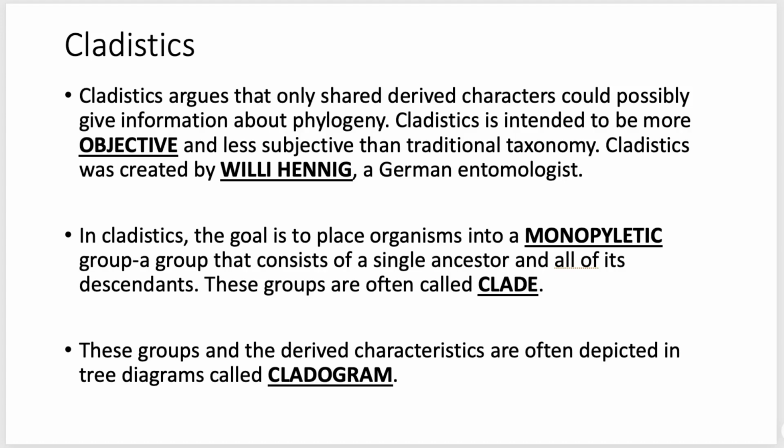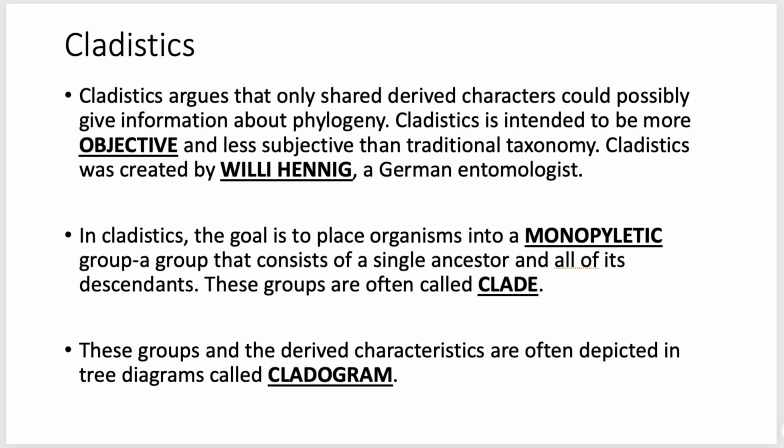So cladistics argues that only shared derived characters could possibly give information about phylogeny. Cladistics is intended to be more objective and less subjective than traditional taxonomy, and cladistics was created by Wilhelm Hennig, who was a German entomologist. And entomology is actually a very difficult field of study in terms of cladistics, because insects, it's just crazy trying to classify those from what I've read anyway.